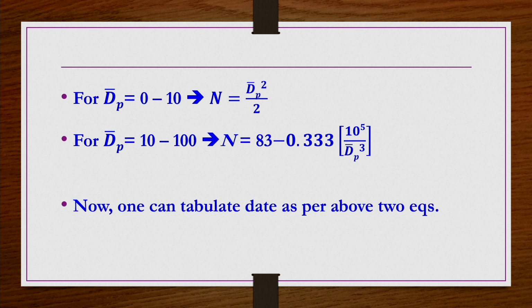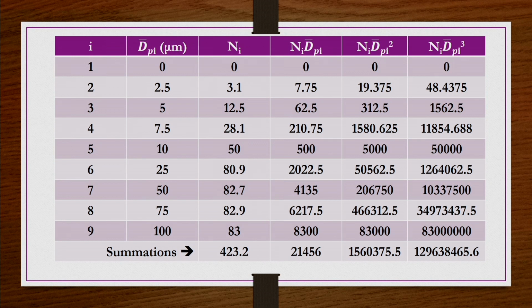Now one can tabulate data as per the above two equations. So you take different i's corresponding to dpi bars. Let us say for 0 to 10 microns, you take a few numbers, let us say 2.5, 5, 7.5, and between 10 to 100 also you take a few numbers, let us say 25, 50, 75 microns, like that. You use the equation we just derived for n.